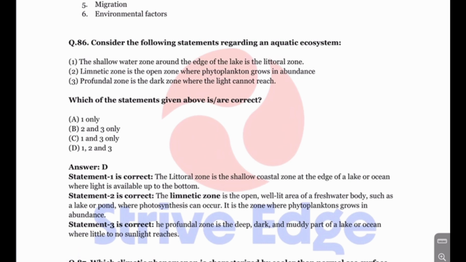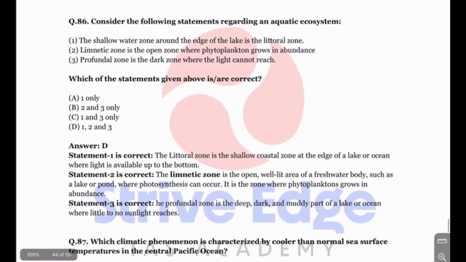Limnetic zone where there is plenty of abundance. So I think option 2 cannot be an option. So I think it is 1 and 3, and option C. I think option C is the most appropriate rather than D, because the limnetic zone is open sea. In the open sea, the plankton do not grow in abundance, because though there is a lot of sunlight, they lack nutrients.